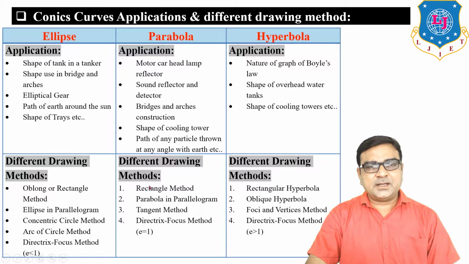For parabola, there are four methods: rectangle method, parabola in parallelogram, tangent method, and directrix and focus method. And for hyperbola: rectangular hyperbola method, oblique hyperbola, foci and vertices method, and directrix and focus method.